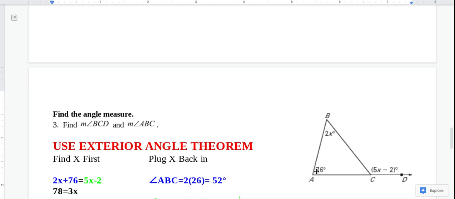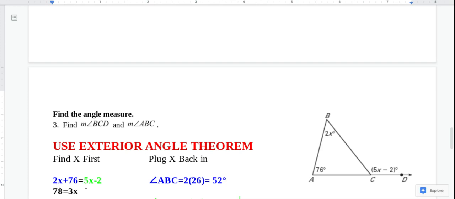So 2x and 76 are our non-adjacent interior angles, meaning they are not next to 5x minus 2. They're the angles inside the triangle furthest away from our 5x minus 2. So we set it up over here. 2x plus 76 equals 5x minus 2.